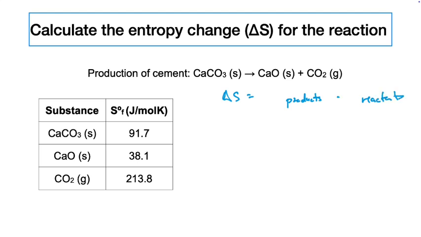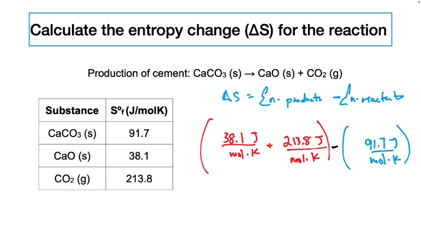Our products minus reactants, we need a little bit more than that. The N value, the sums of the products and the sums. I'm also trusting you memorized that formula.